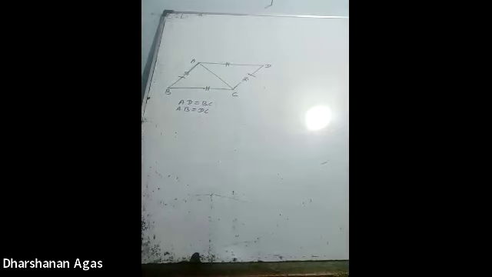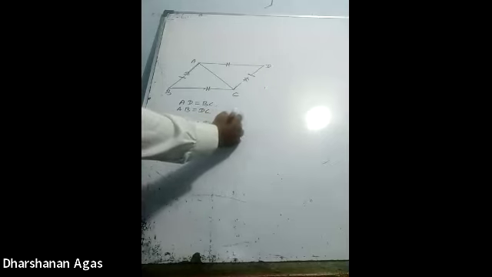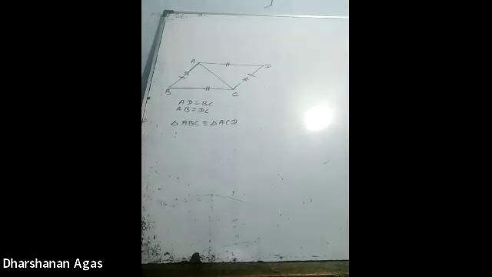Show that triangle ABC and triangle ACD are congruent. Or write it like this: show that triangle ABC is congruent to triangle ACD. Can you try, students? Two data I gave. The third one, just see and write. Can you try this? Okay, sir.